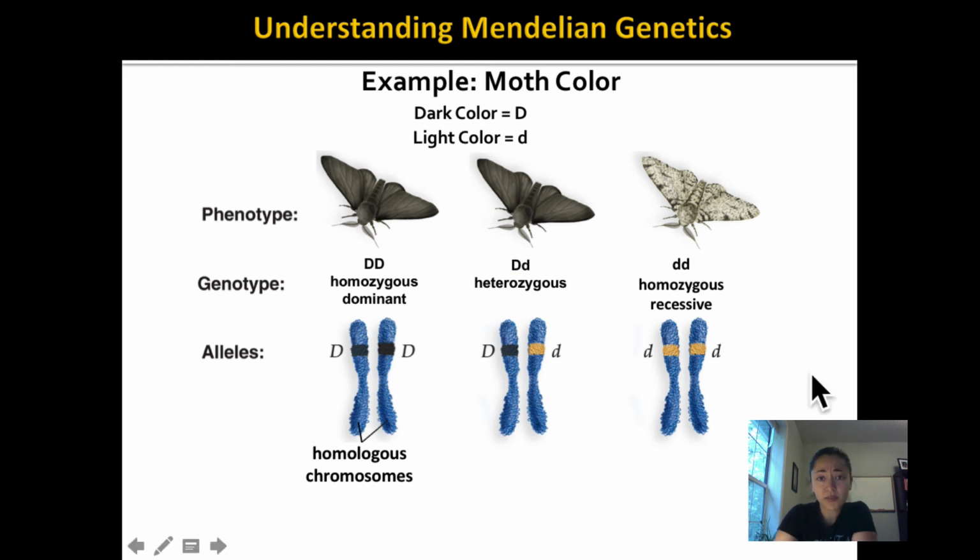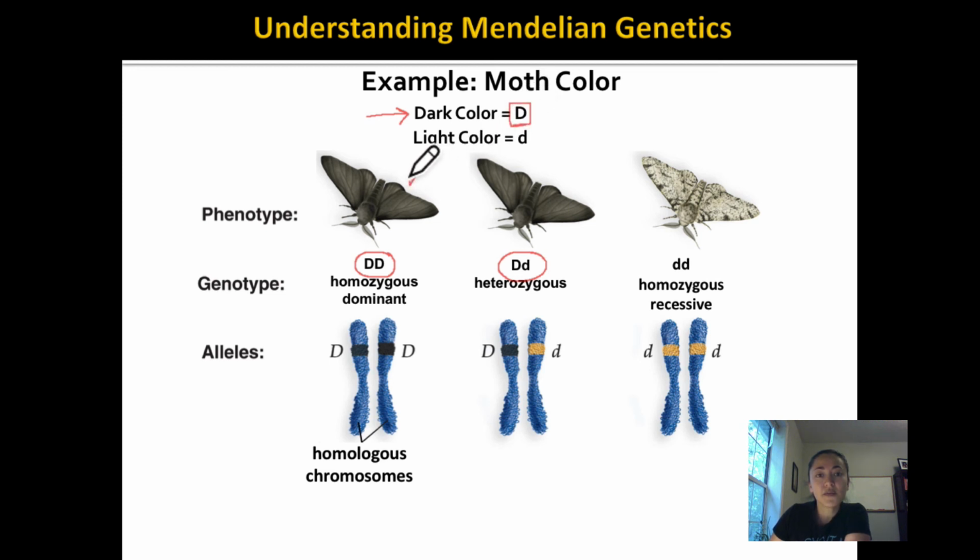One other thing I want to point out is that there are two different types of genotypes that can cause an individual to be dark, or to express the dominant allele. The dominant trait doesn't mean the one that's most common in the population, it just means the one that's controlled by the dominant allele, right?